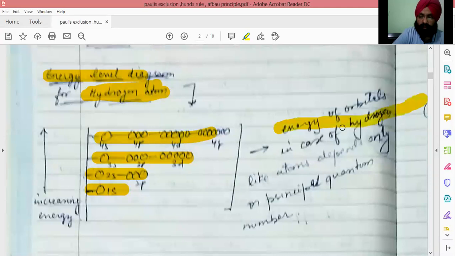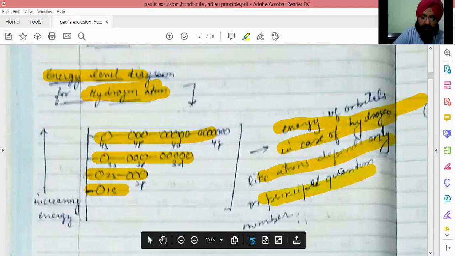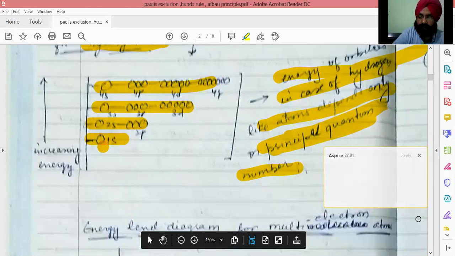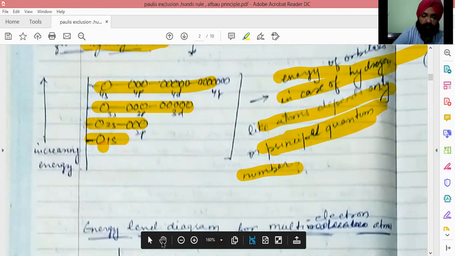So the energy of orbitals in the case of hydrogen atom depends only on the principal quantum number, that is n. It is 1, 2, 3, 4. So nothing else, in the case of hydrogen and hydrogen-like atoms.